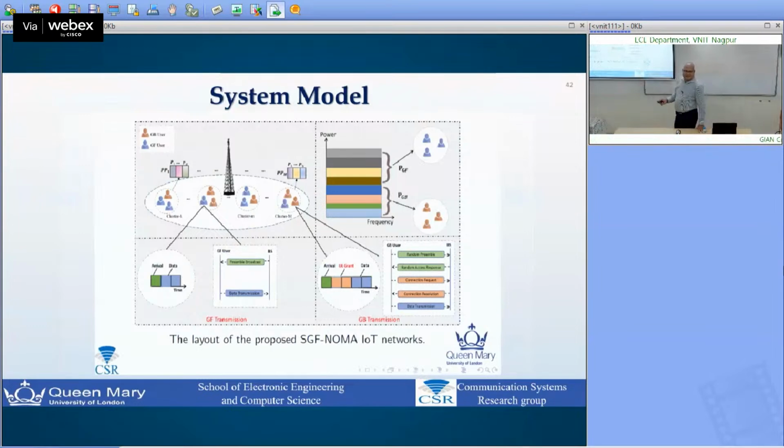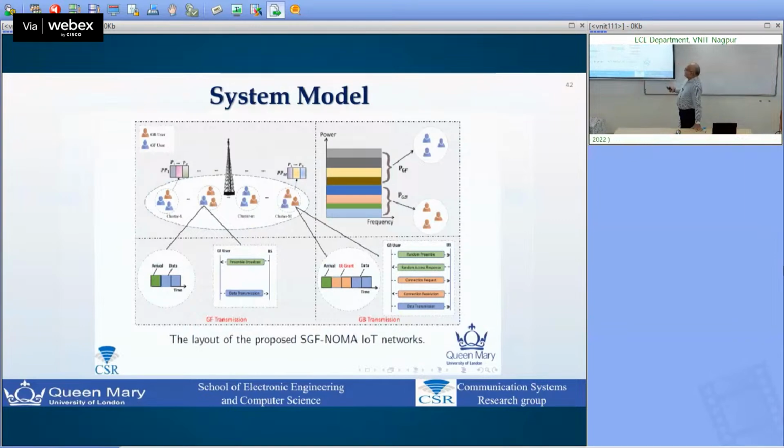Every cluster is like a sub-channel. So you have spectrum, for example, say 400 kilohertz. If you divide into 4 sub-channels, 100, 100, 100, 100, those clusters are going to select one sub-channel.